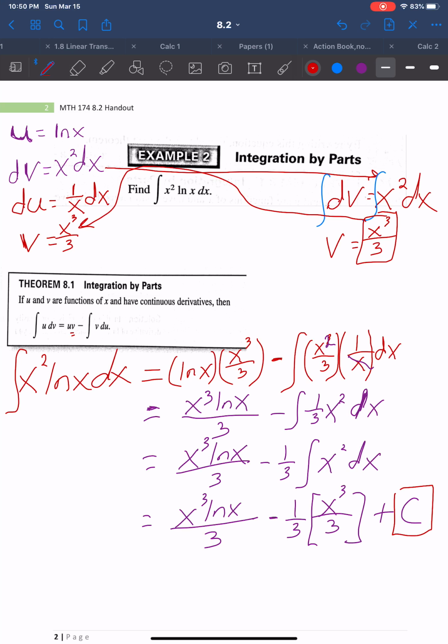But if you don't put plus c, then in essence you are actually saying that you know what c is. So you would be telling me that c is equal to 0, if you forget to write plus c, which is a lie because you don't actually know that c is equal to 0. So the c basically means it's one of an infinite amount of antiderivatives.